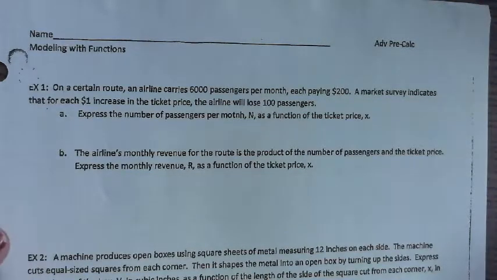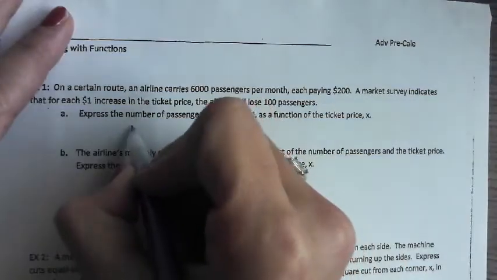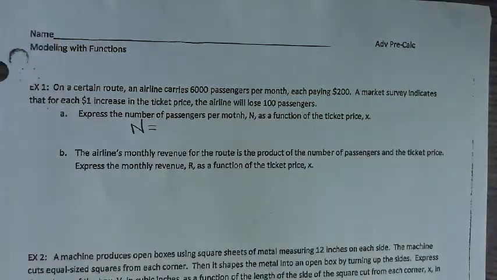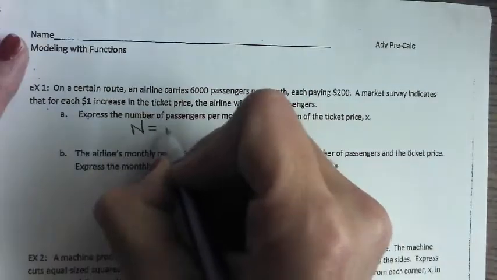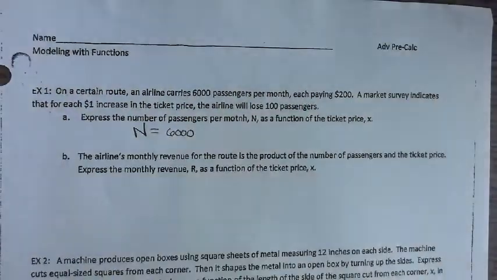So our number of passengers as a function of the ticket price X. Okay, so N is our number of passengers. And what is that based on the ticket price? Okay, so currently, what's the number of passengers per month? 6,000. And then how is that 6,000 changing based on the ticket price?